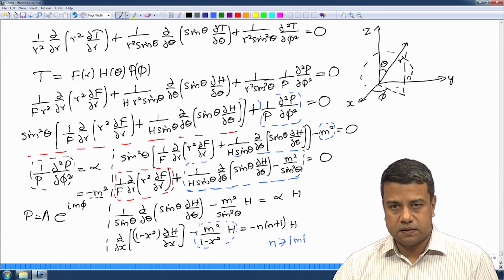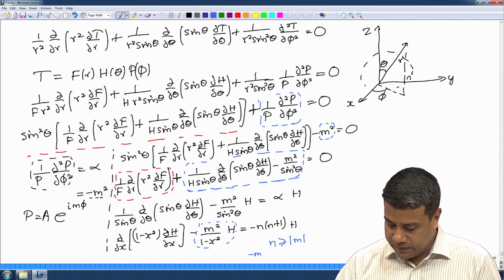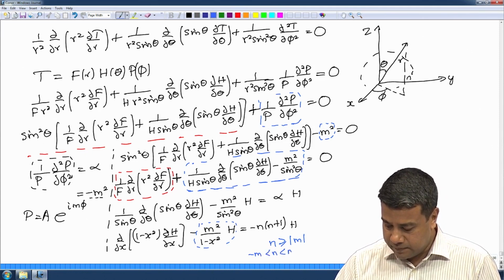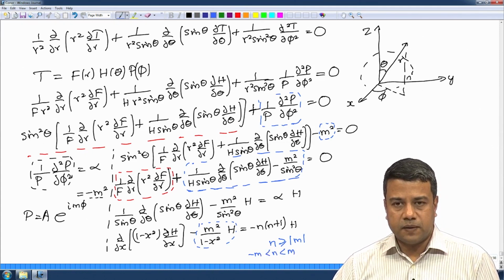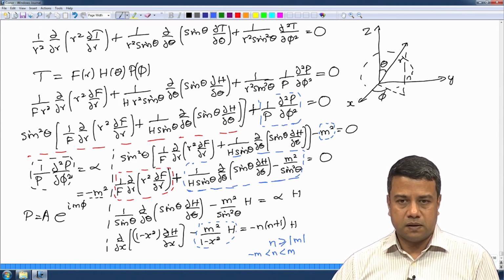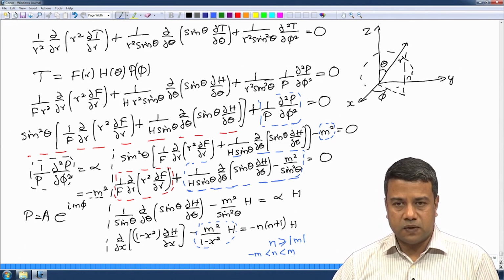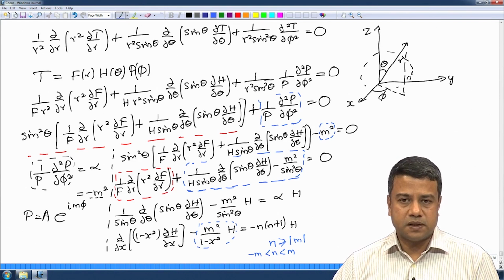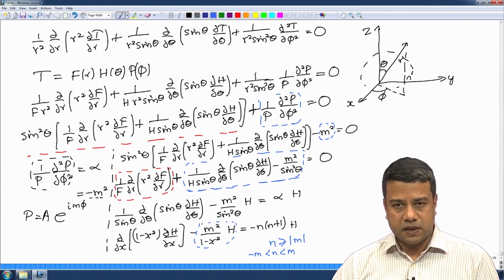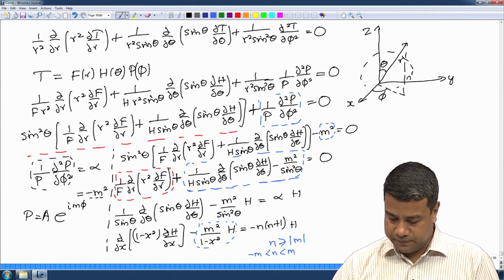Therefore, minus n less than m less than n. So, if n is equal to 1, then m can be minus 1, 0 and plus 1. When n is equal to 2, m can be minus 2, minus 1, 0, plus 1 and plus 2, etc.